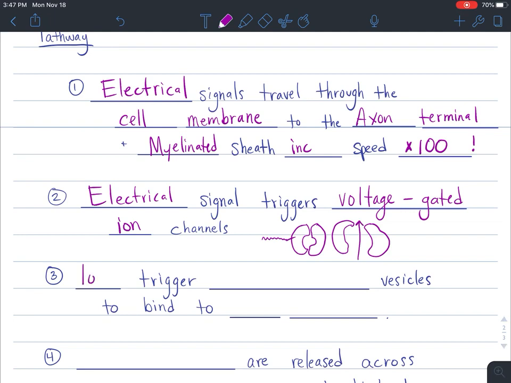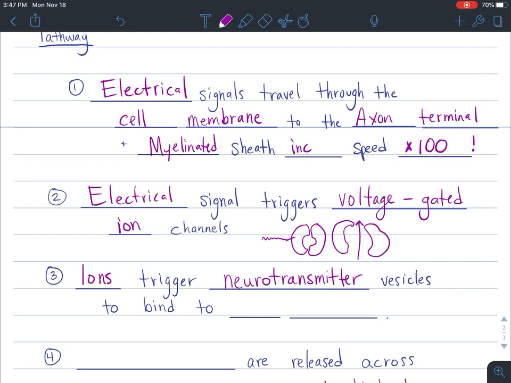Those ions are going to trigger some vesicles, and vesicles are just little tiny pouches inside the cell. So the ions that enter from the electricity opening those voltage gated ion channels enter the neuron and trigger these things that we call neurotransmitters.